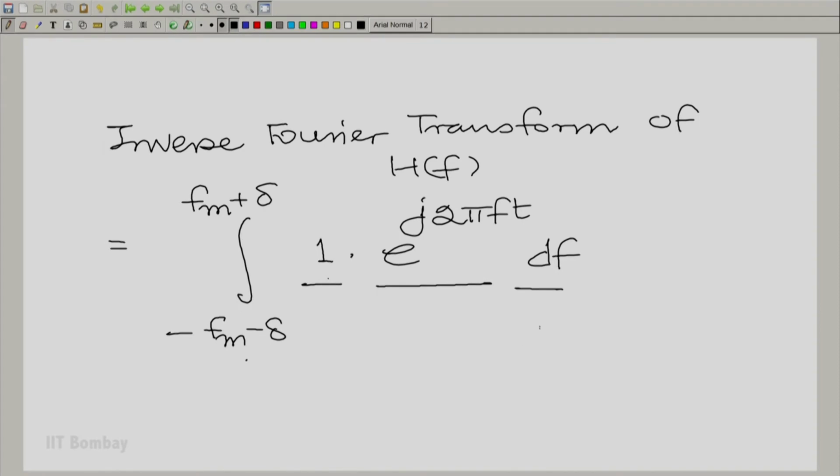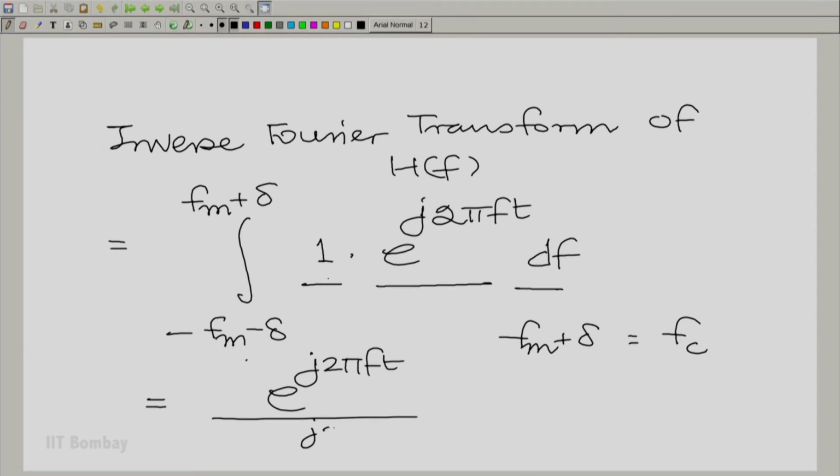Let us put Fm plus delta equal to Fc. It is a very easy integral to evaluate. This is simply e raised to the power j2 pi ft divided by j2 pi t from minus Fc to plus Fc.